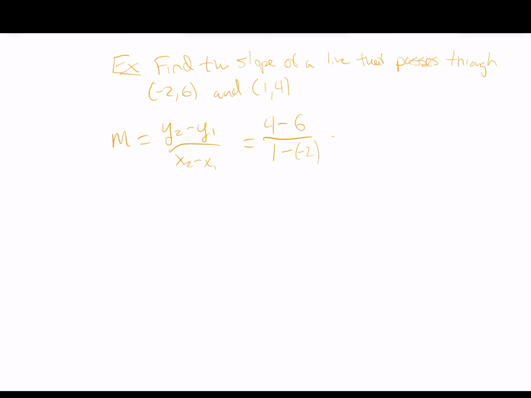Okay, so we have 4 minus 6, which is -2, and 1 minus a -2, or 1 plus 2, which is 3. What this means is that our slope is -2/3, and for every 2 units that I go down in y, I go to the right 3 units in the x direction.